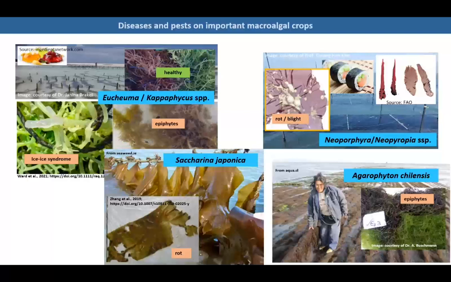Likewise, other major seaweed-producing sectors face the same problems of diseases. And here prominent examples are the Neopyropia neoprophyra and Saccharina japonica industry in Asia, and the Agarophyton chilensis production in Chile.